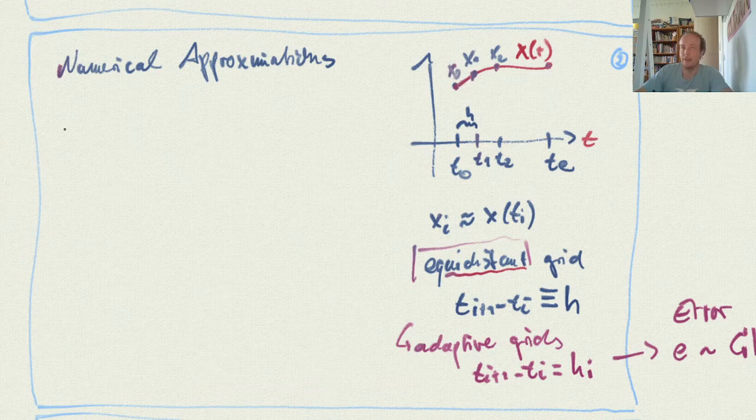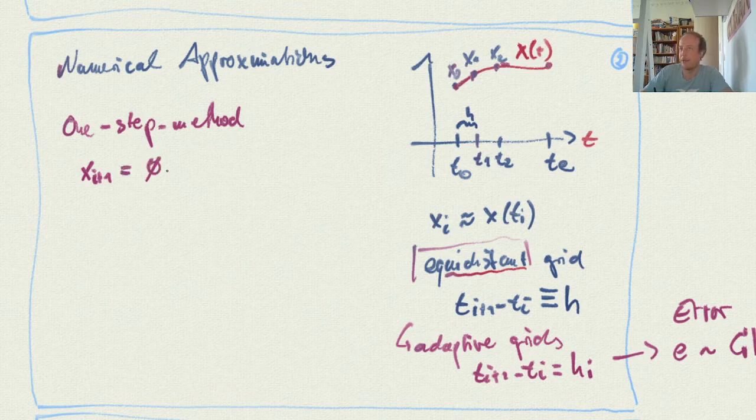Okay, what else do I have to explain here? Then we had these one-step methods, where we said that the new solution, so x(i+1), might be x2 computed on the basis of x1, is defined through this phi function, which depends maybe on the time, on the step size, on the previous step, and, if we have an implicit scheme, maybe on the value itself.